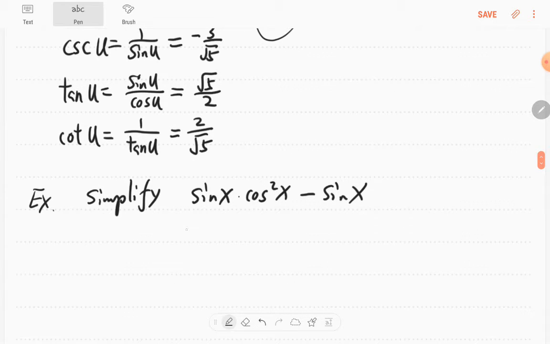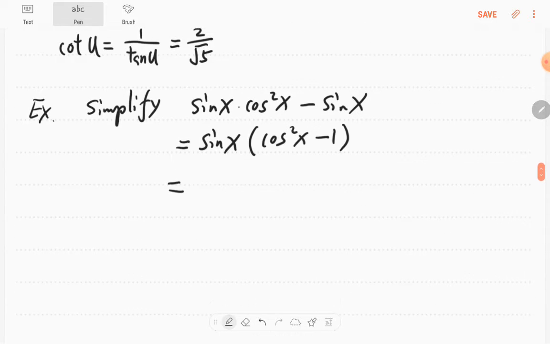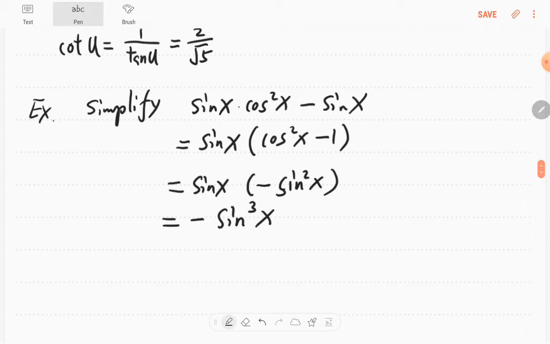We take the sine out, so this would be sine x times cosine square x minus 1. We know that sine square plus cosine square equals 1, so cosine square minus 1 is equal to negative sine square. So it's negative sine cube x.